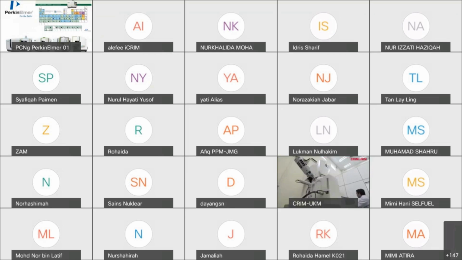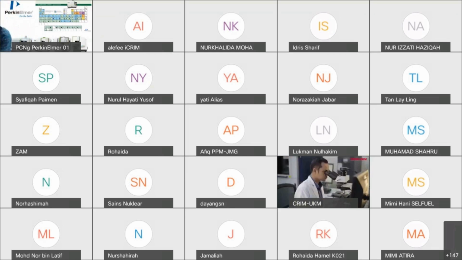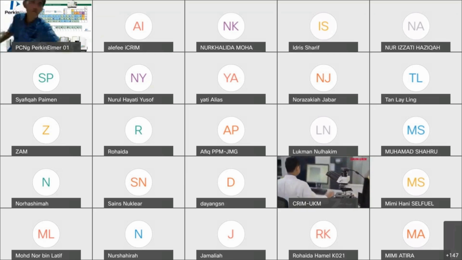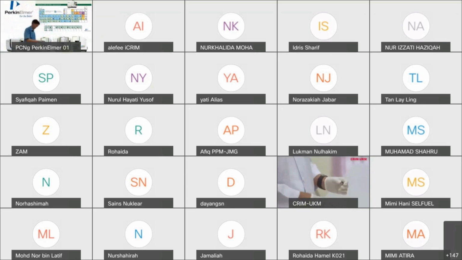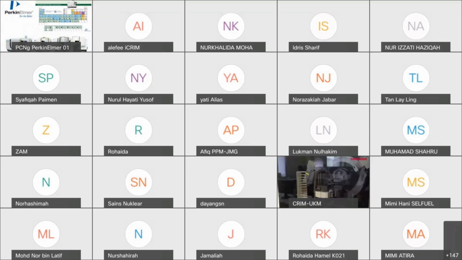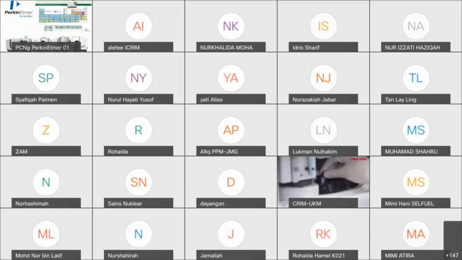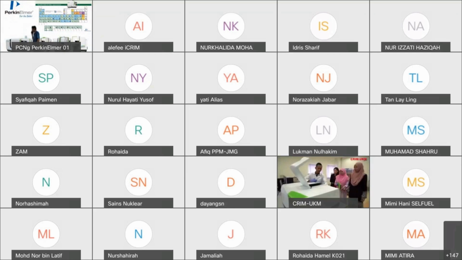Each lab is equipped with high-end instruments and run by well-trained personnel. i-CRIM Centralised Laboratory offers a wide range of technical analysis, especially in material sciences, mineral studies and elemental analysis, surface analysis, caffeine analysis.